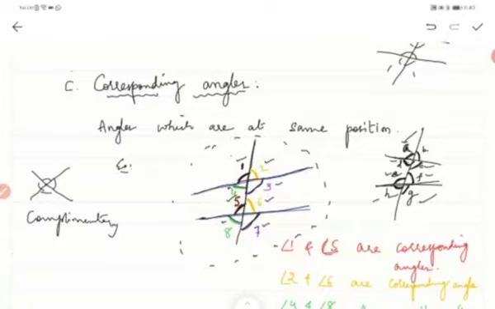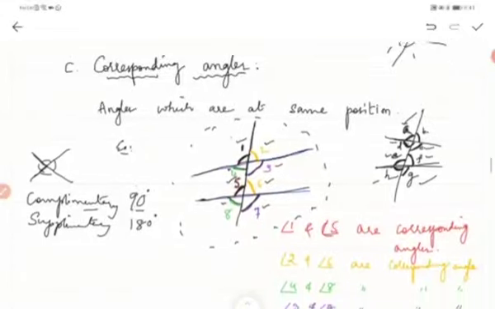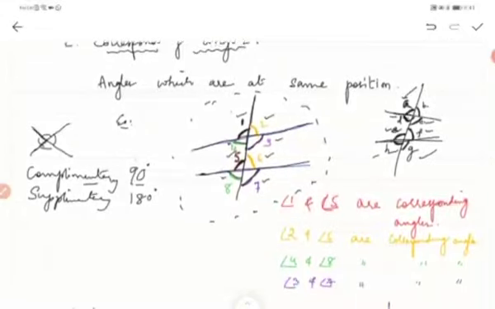After complementary, what do you have? Supplementary, isn't it? Complementary are what? If the sum of the angles is 90 degrees, any two angles, you call them complementary. Supplementary is what? If the sum of the angles is 180 degrees, it is supplementary.